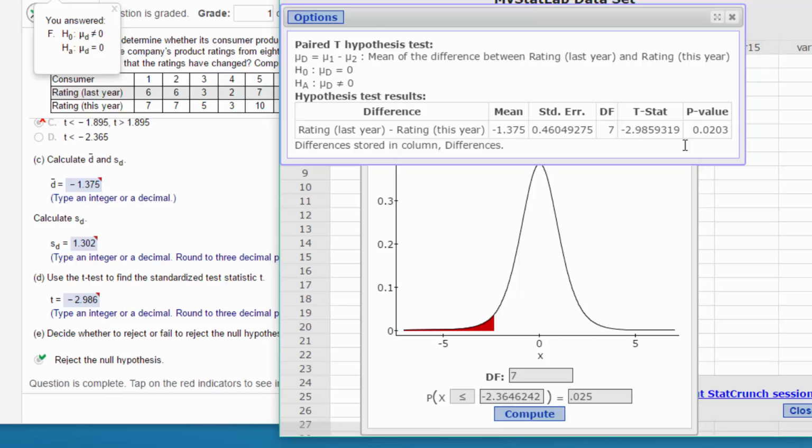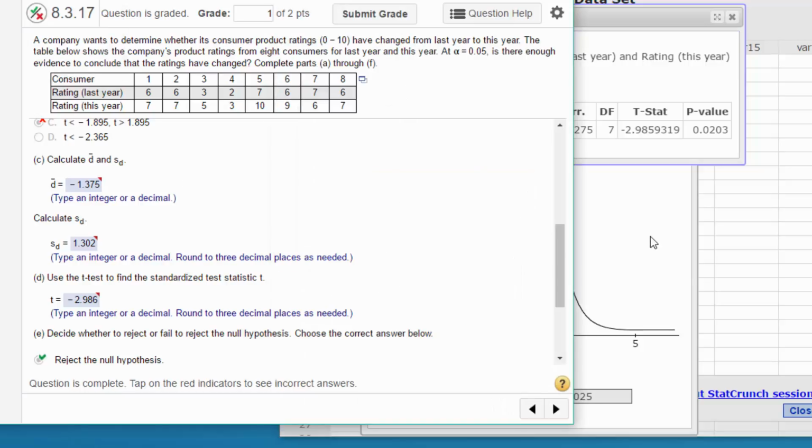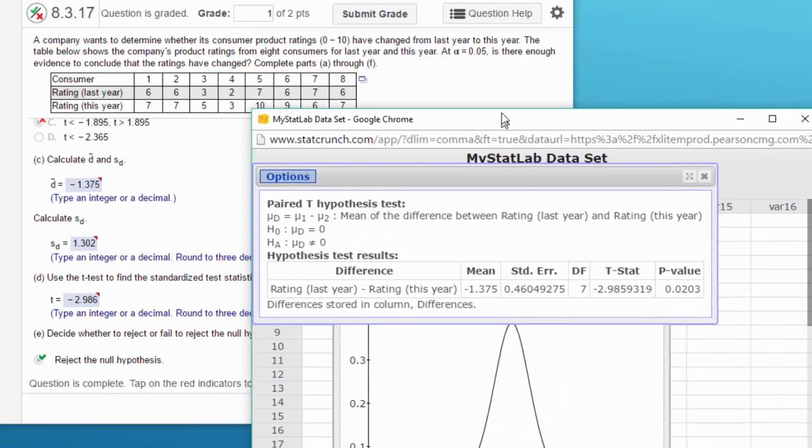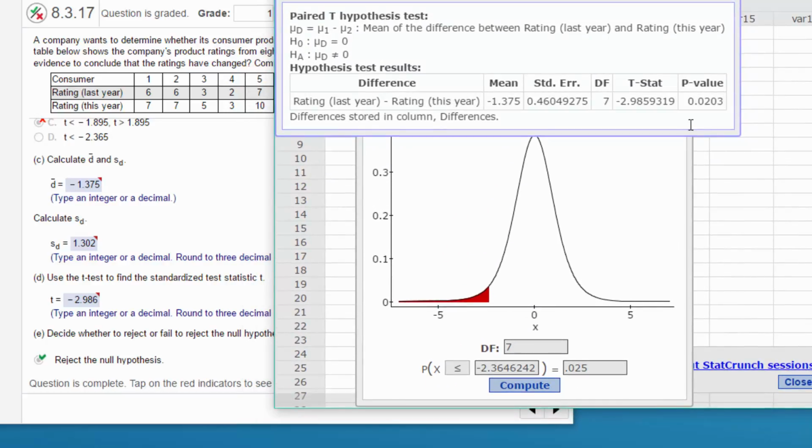We've got our t statistic over here, minus 2.896, and if you remember, our critical value is minus 2.365, so our t statistic is in the rejection region, and we reject the null. We also know that because the p-value, 0.02, is less than the alpha of 0.05. So yes, that tells us again that we need to reject the null.